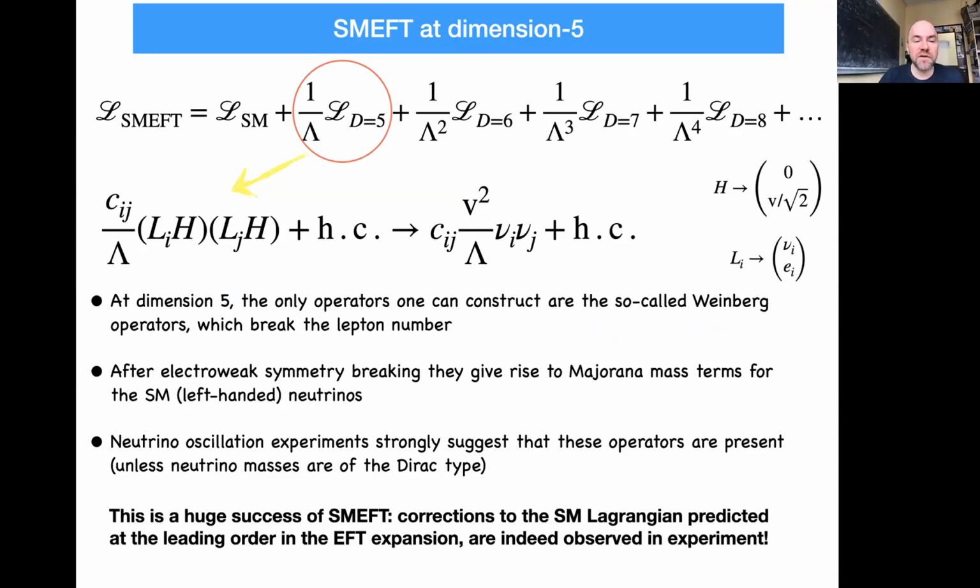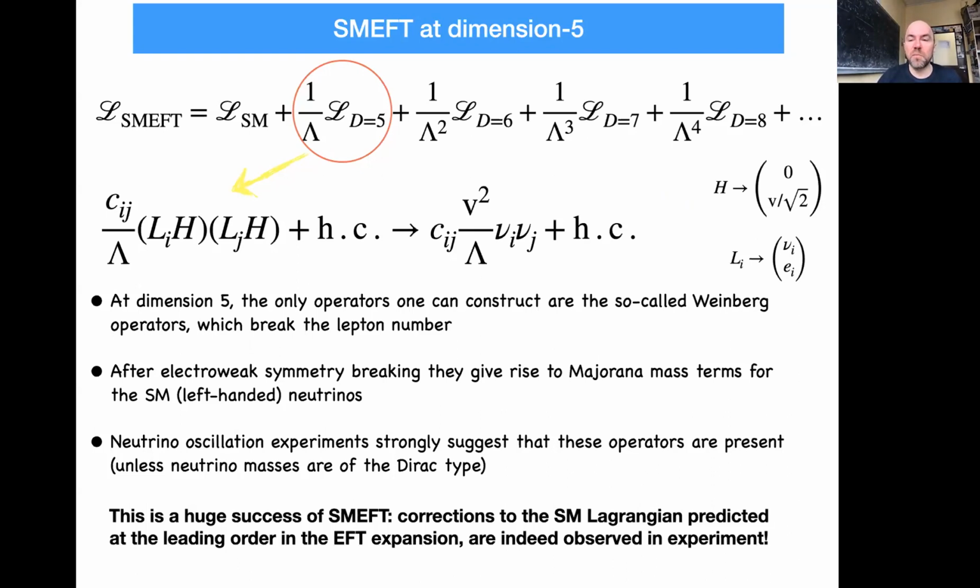This is gauge invariant, because we are multiplying together two SU(2) doublets, a lepton doublet and the Higgs doublet, and then we have to put two of them, because we have to have two fermions in this interaction. So this term. Let's add it to the Lagrangian. This is the only thing we can add at dimension 5.